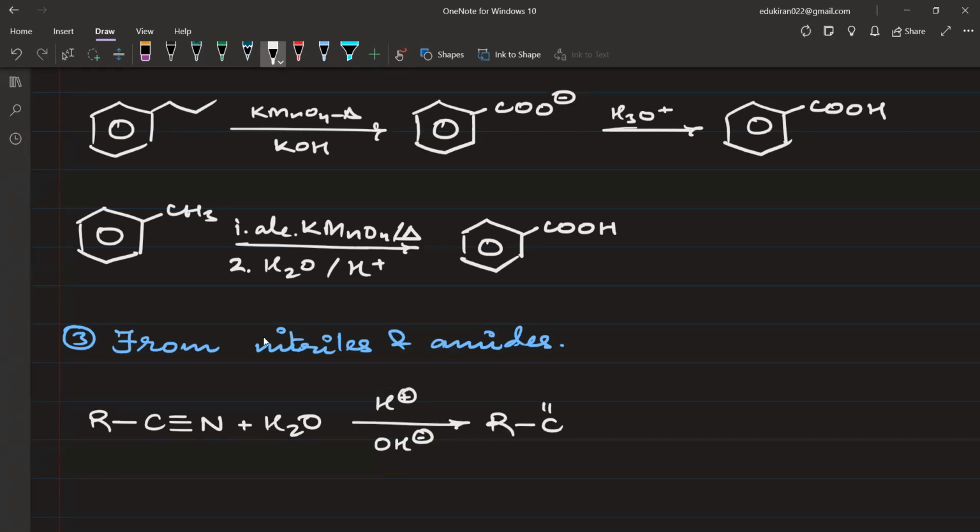That is R, C double bond O, NH2. After this, if you add again H plus or OH negative and heat, you will get R, C double bond O, and OH, the carboxylic acid.